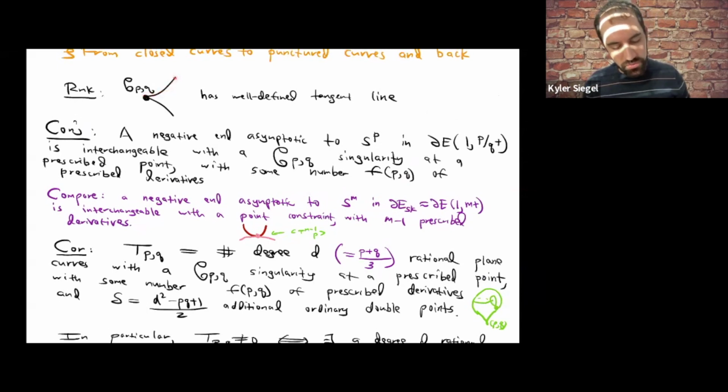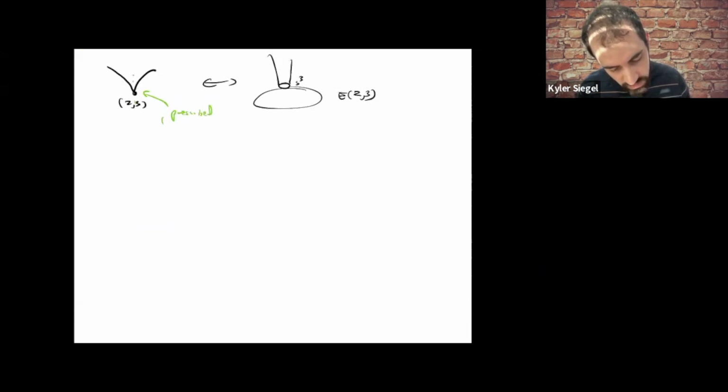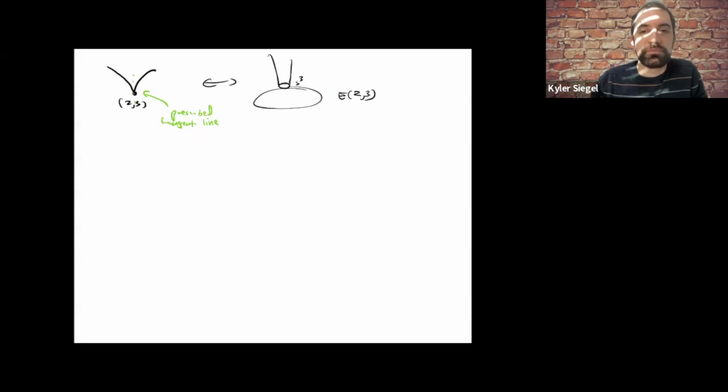So you would look at curves with an ordinary cusp passing through a specific point, and also with the prescribed tangent line, and that would correspond to a curve with a negative end on the ellipsoid E23, where this is the third multiple of the short orbit, and this is with prescribed tangent line. I could explain this in more detail maybe later. Okay, any other questions?